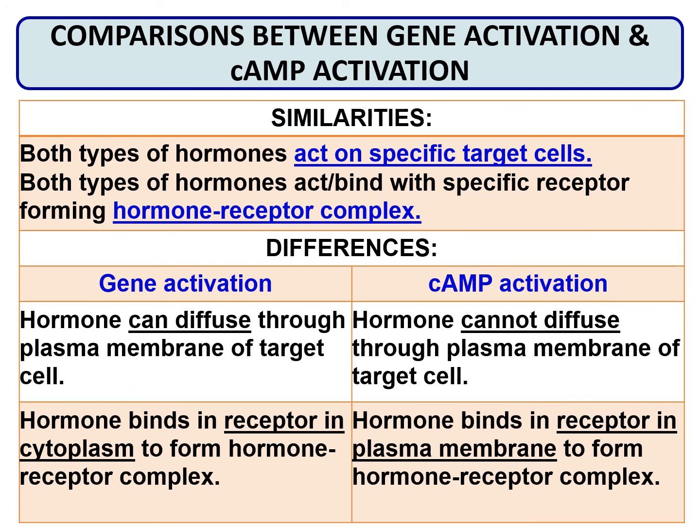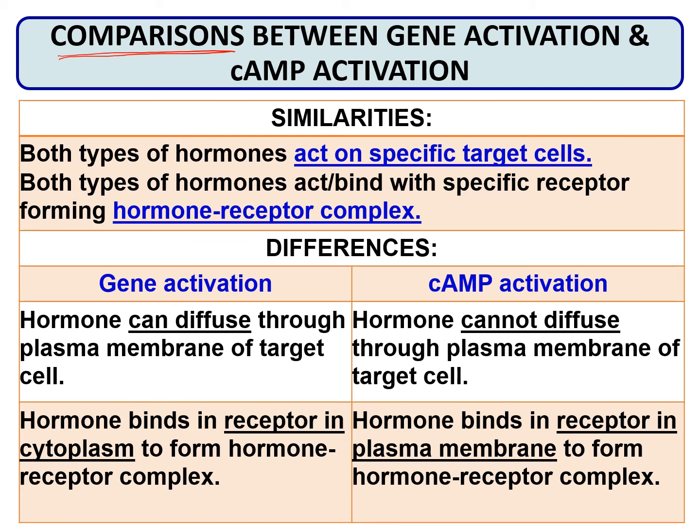Let's compare between gene activation and cAMP activation. Bila kita compare, we are actually analysing the two facts that we have, ataupun dua benda. Kita analyse apa pengetahuan yang kita ada tentang perkara tersebut.